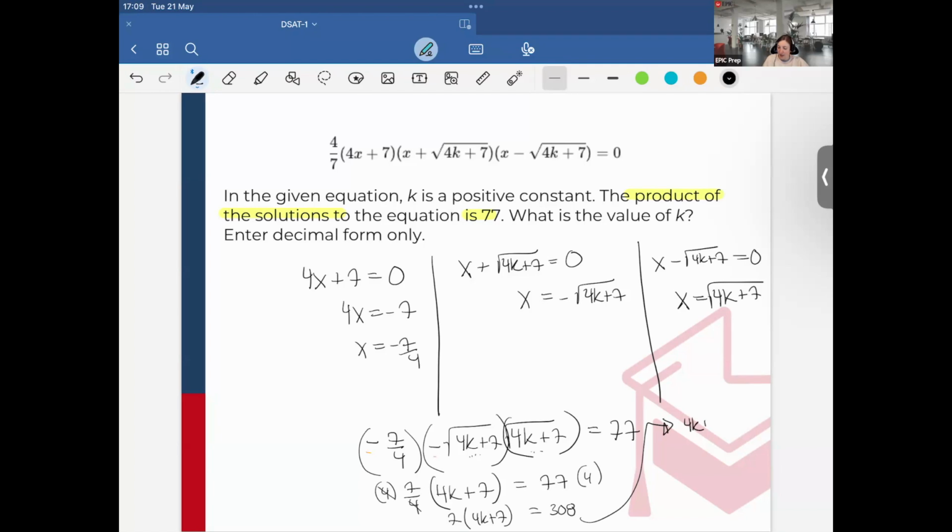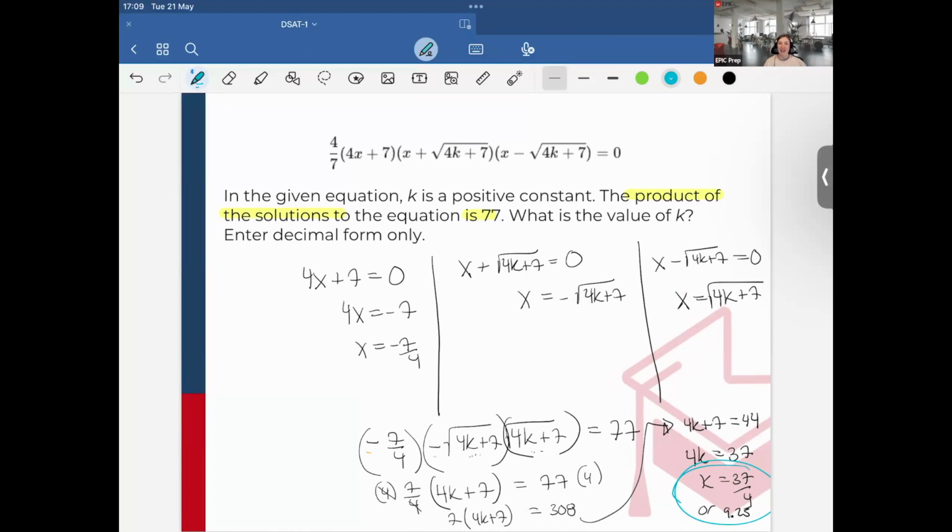So I get 4k plus 7 is equal to 44. Next step, subtract 7. So I get that 4k is equal to 37. So k is equal to 37/4, or 9.25. And we can see those would be my answers. You can type in either one on the exam.